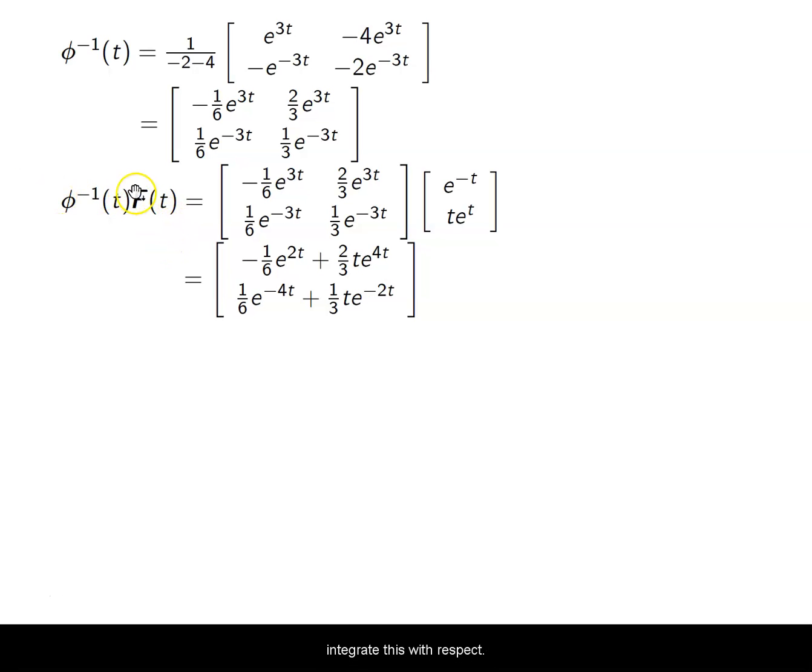Now I have to integrate this with respect to t. In order to do this, I'm just integrating each of these functions separately. There's one function to integrate, there's another function to integrate. Again, notice that my exponents are not all 3's anymore because of the exponents here.